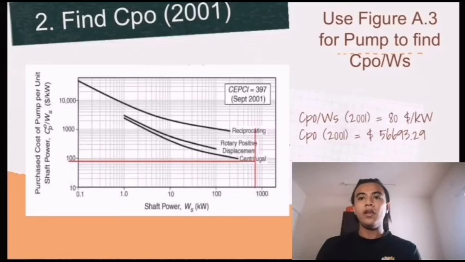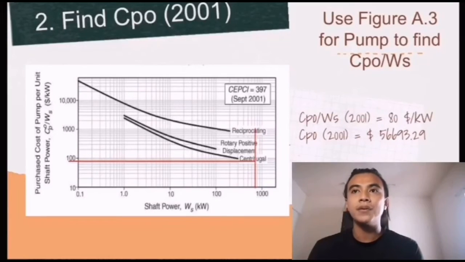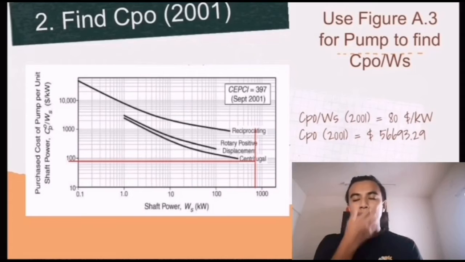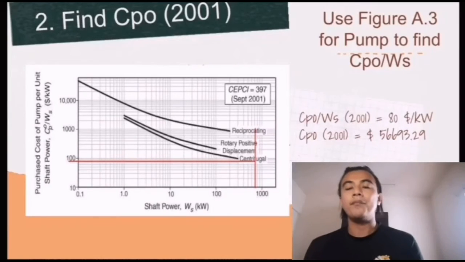So now I will continue to find the CP0 for 2001. Just now we have our shaft power value, which is 708.67 kilowatt. By using that value, we will find the CP0 per shaft power through Figure A3.